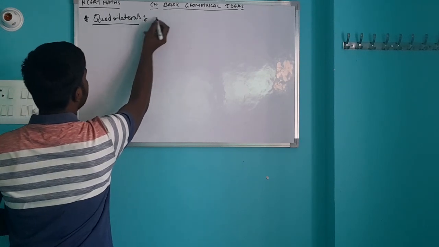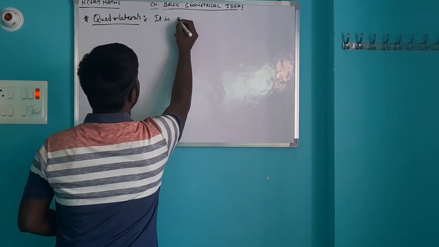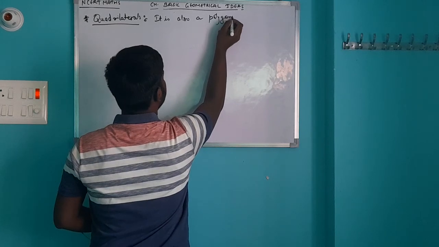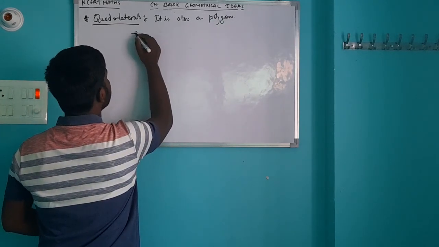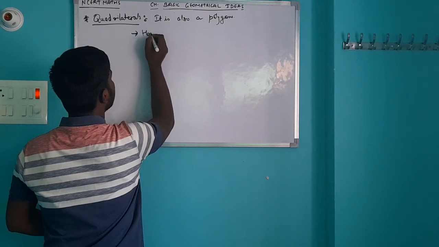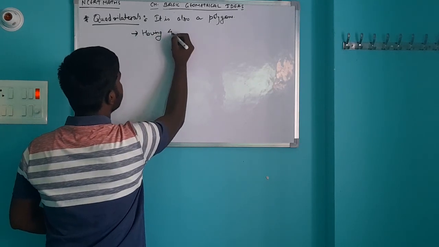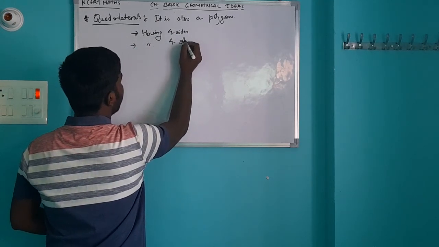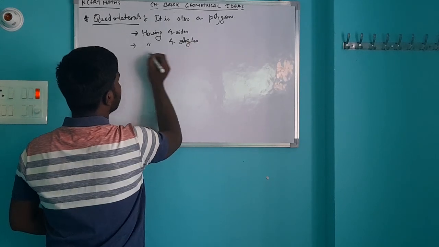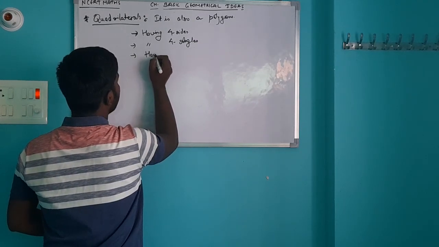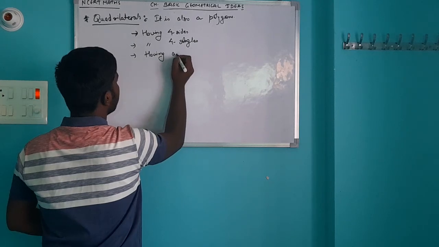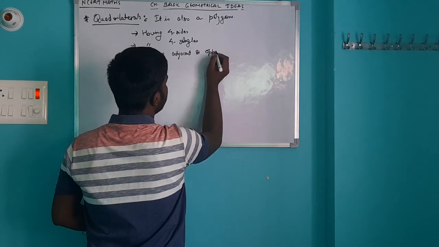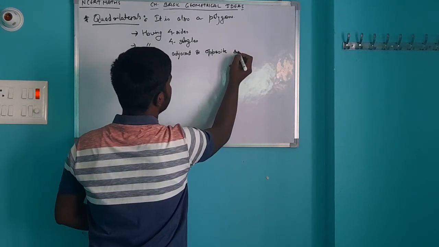So the quadrilateral is also a polygon. I make several points for the quadrilaterals: having 4 sides, having 4 angles, having adjacent and opposite sides.